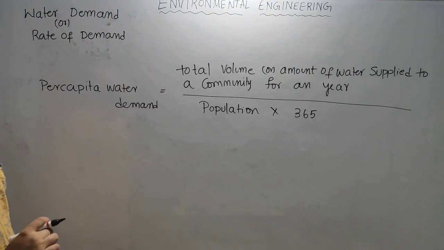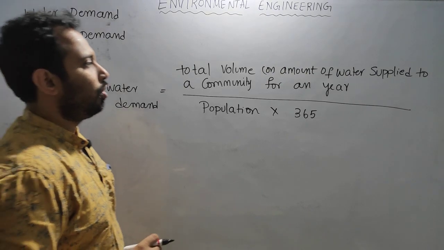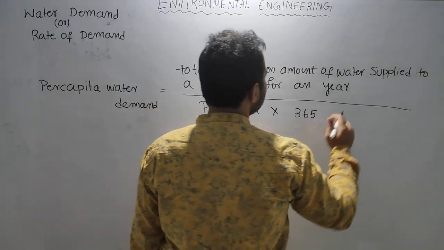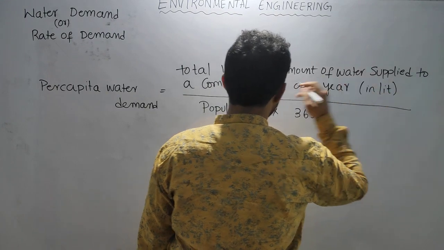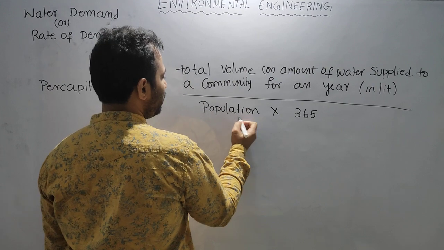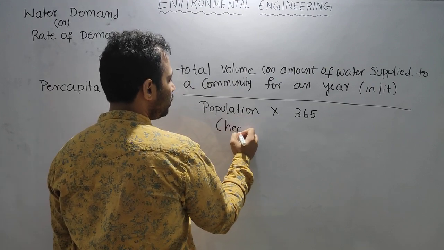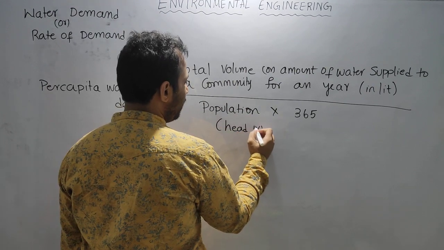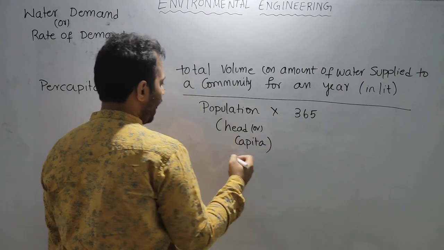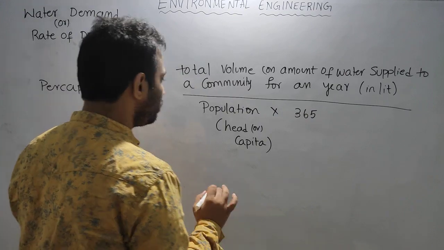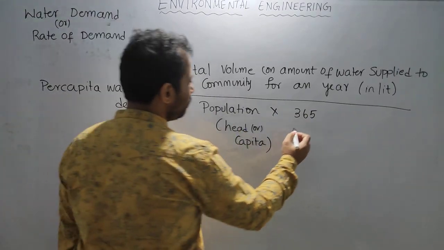The total volume or amount of water supplied to a community for a year is in liters. Population means head, or we call it capita. Capita or head, both are the same. This is day.